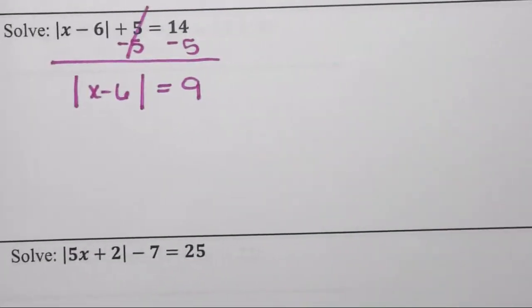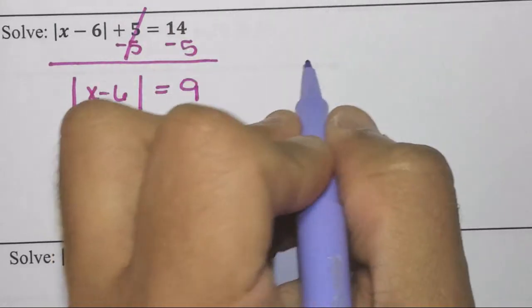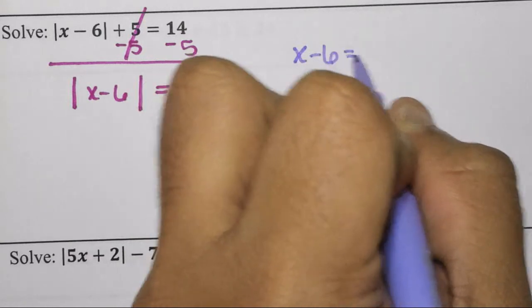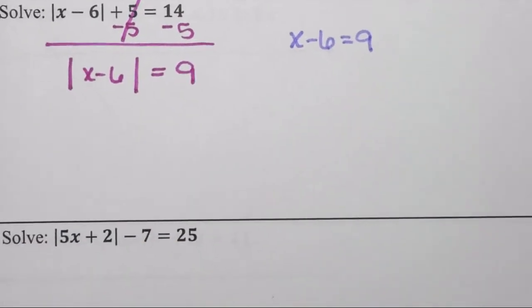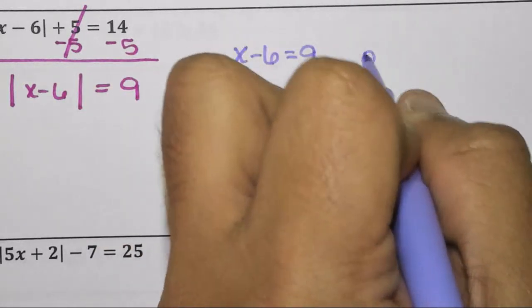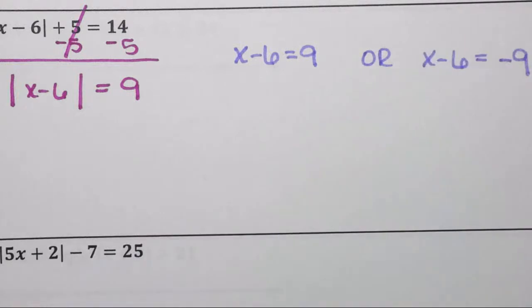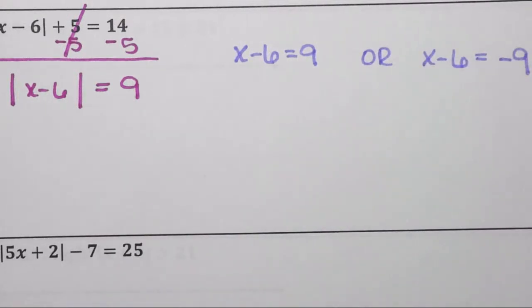And remember, you have two answers for this one. You have my regular one, x minus 6 equals 9, or x minus 6 equals negative 9. So the same thing, but equaling the opposite number.